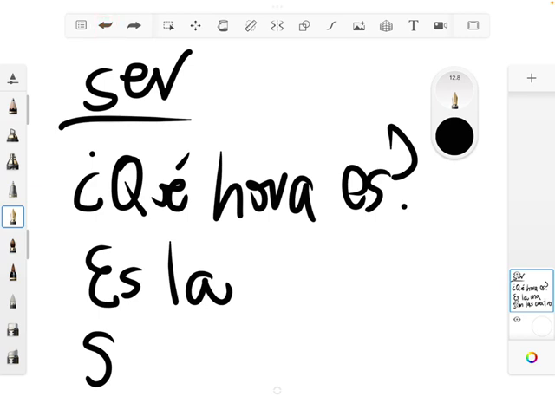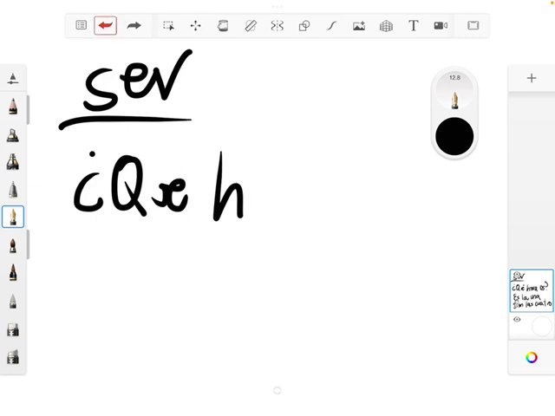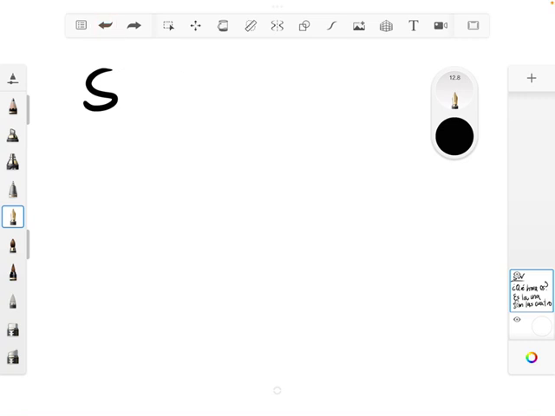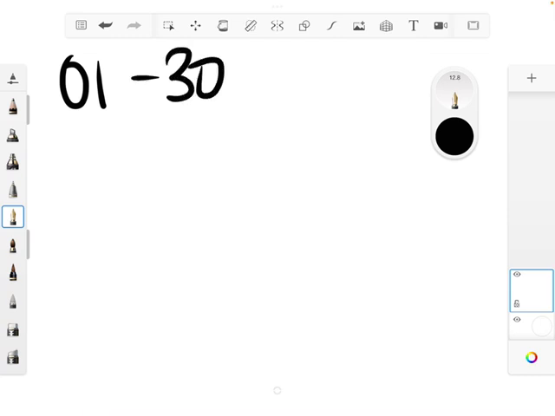Now, when we're expressing time, like within the 60-minute periods, we're going to do it in two different ways depending on what time it is in that hour. So from 1 minute to 30 minutes, we're going to express time by adding minutes.